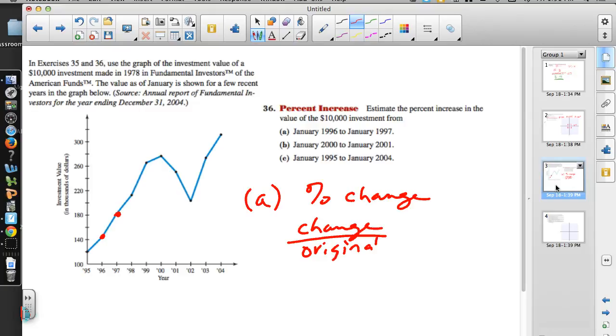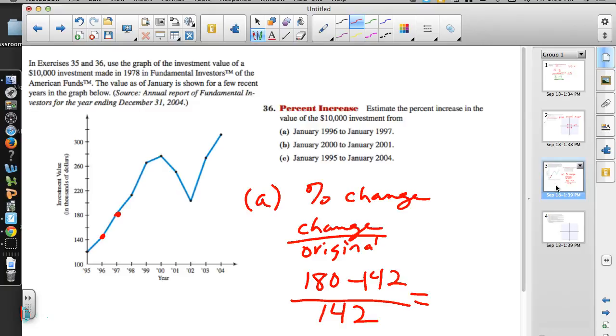So in this case, I would say in 97, it's about 180 from the graph. And then it looks like maybe a little bit above 140, so maybe like 142. And then remember that it started off at that 142.